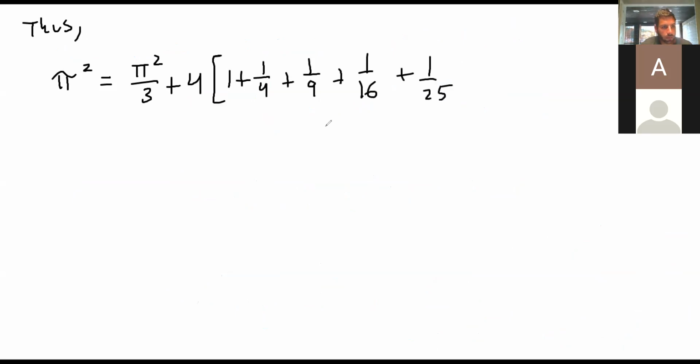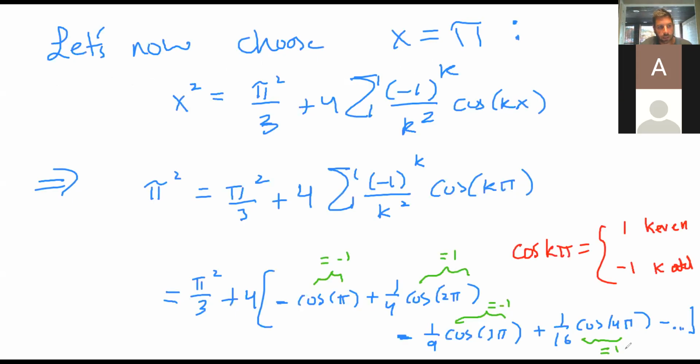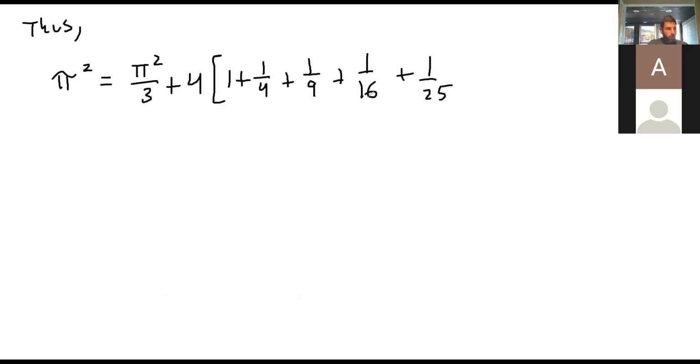That's what we have here: all the squares down here, 4, 9, 16, and the next one would be 5 squared, which is 25, and so on. But what is this creature equal to? This is just one of the series we wrote down at the very beginning. A nice compact way to write this is the sum of 1 over k squared.